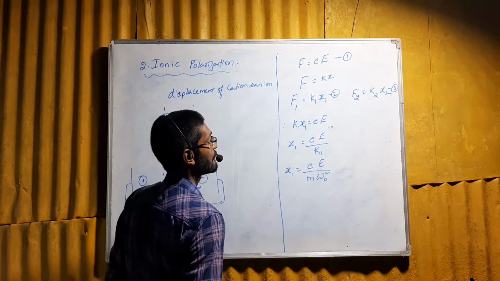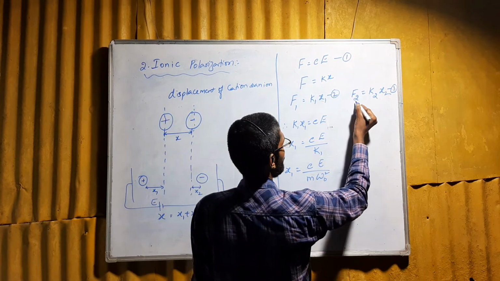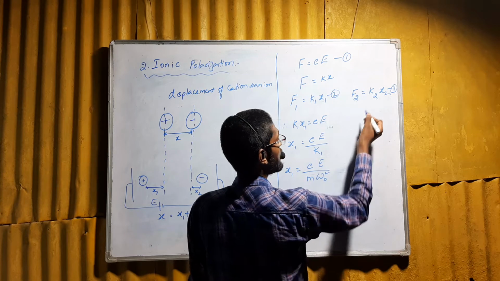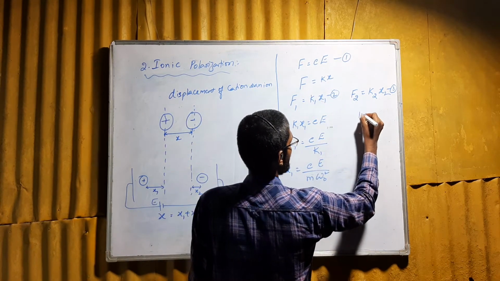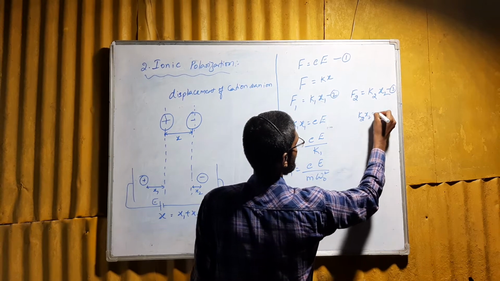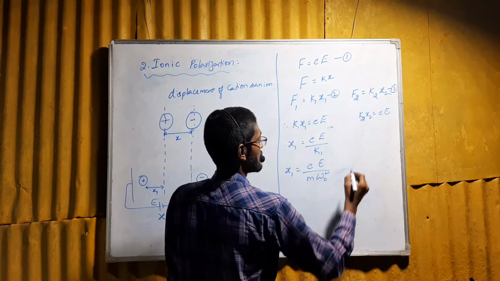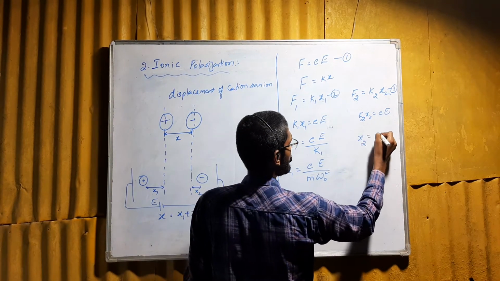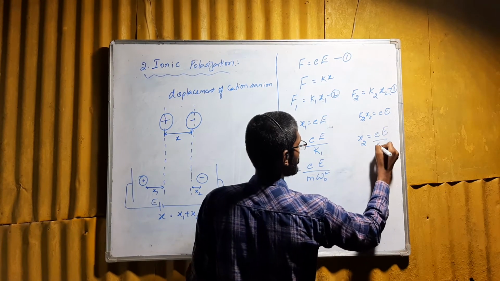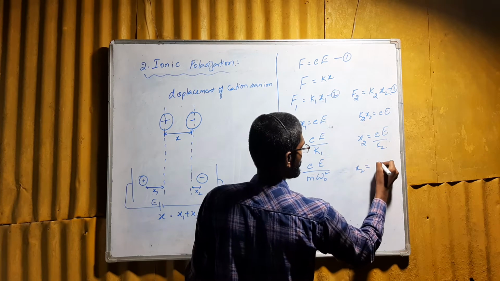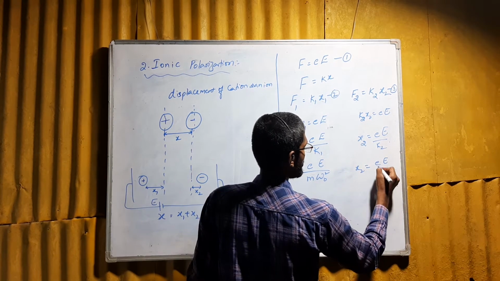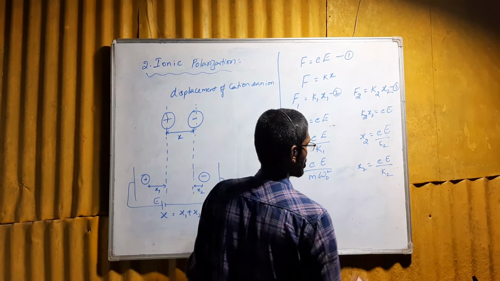Similarly, the force acting on the negative ion is F2 is equal to k2 x2. At equilibrium condition, these two forces are equal, so k2 x2 is equal to small e capital E. From here we get x2 is equal to small e capital E by k2.